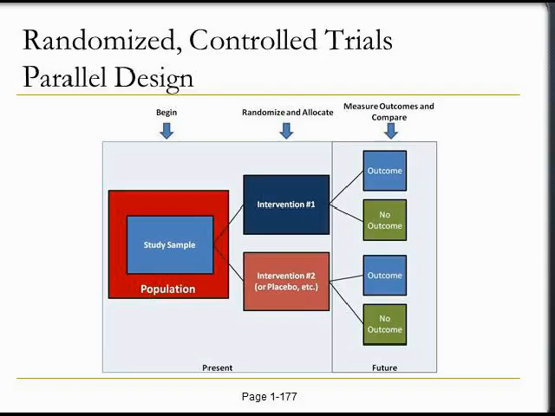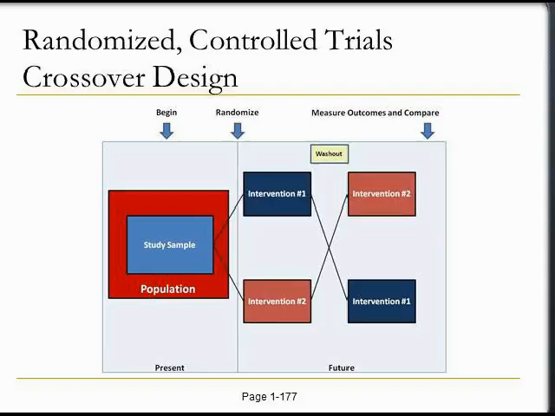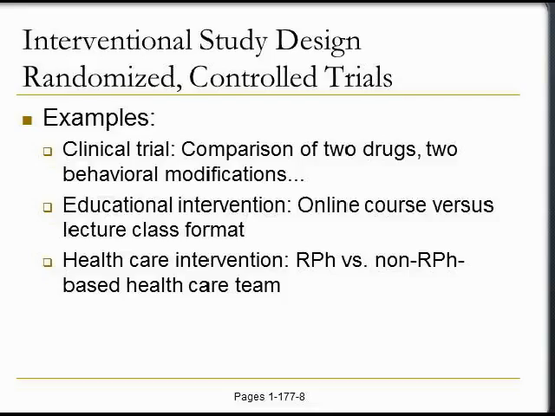There are obviously endless examples of clinical trials, and you can read about these, but we tend to think of the clinical trial more often. There are also educational interventions, such as an online course versus a lecture course format, in terms of evaluating how students learn.